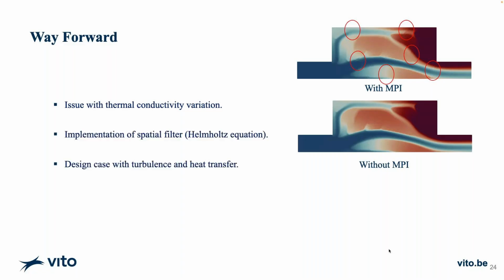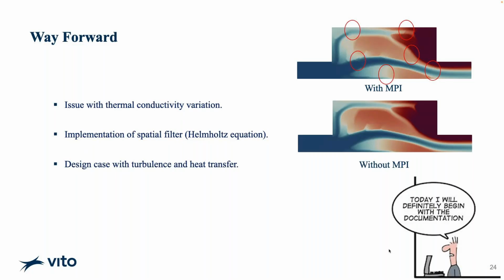And then moving forward, we'll also implement the spatial filters of this porosity, and finally do one final case with turbulence, with heat transfer, three-dimensional, in order to really showcase what this can do. And last but not least is to prepare the documentation and create a pull request. So with this, I would like to thank you all for your attention.